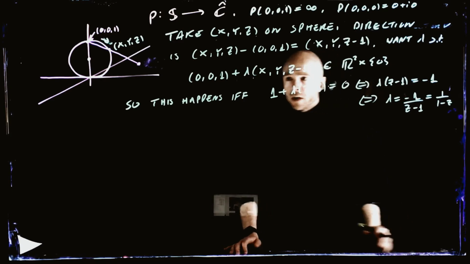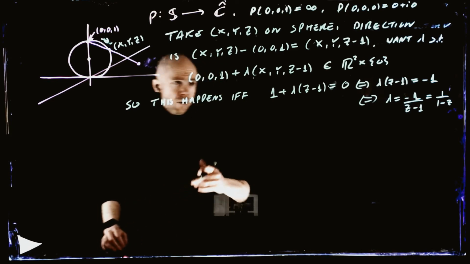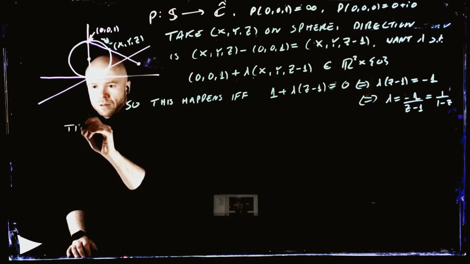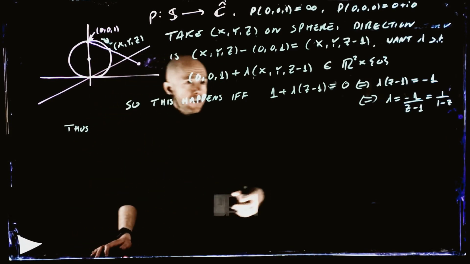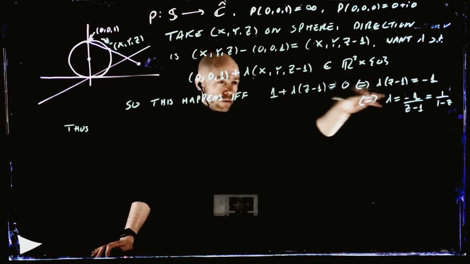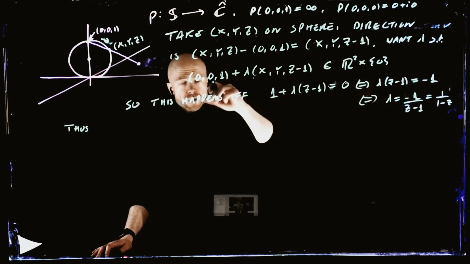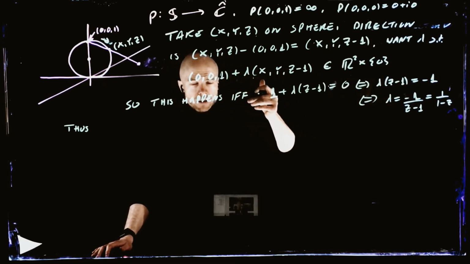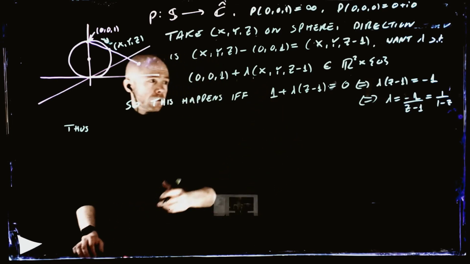Cool. So for this lambda that hits the complex plane, we can just read off what the x and y coordinates are.